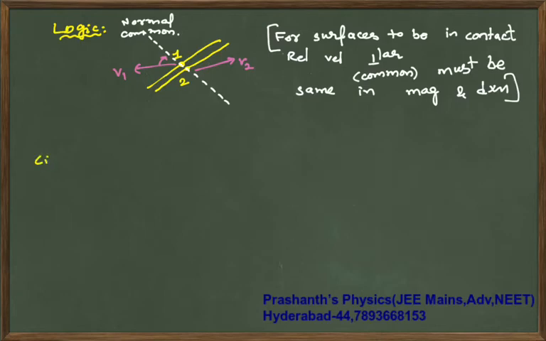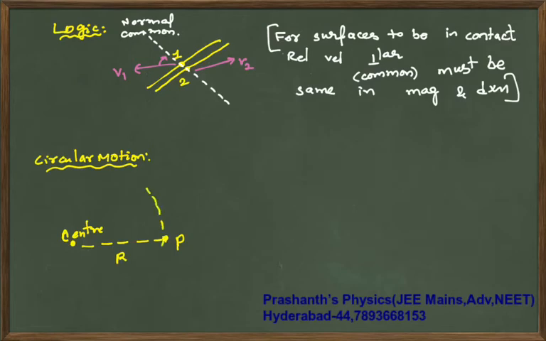If you know circular motion, for example, what is the idea in circular motion? If you have some point, let us say this is your center. Now you have some other body, some point P, and it is allowed to move such that this distance is constant. The only direction in which it can move is along the circle, keeping the distance constant, right?